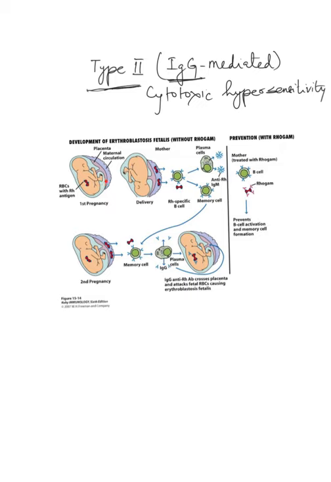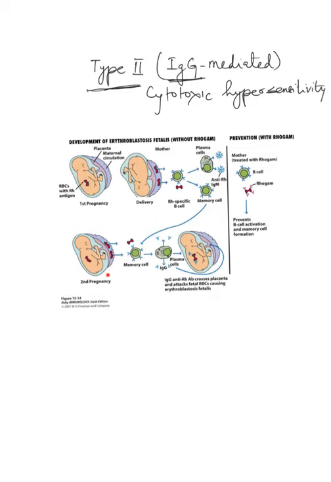Here also some blood enters, but the amount of blood entering into the mother's circulation is not enough so as to induce an immune response. But during the delivery, more blood enters, and then the immune response gets activated.